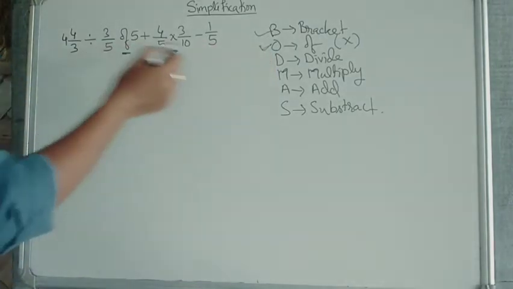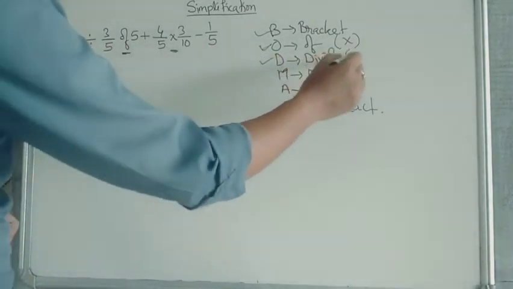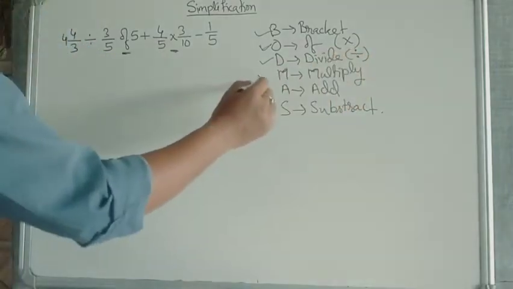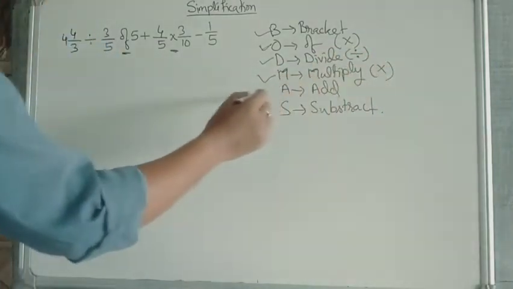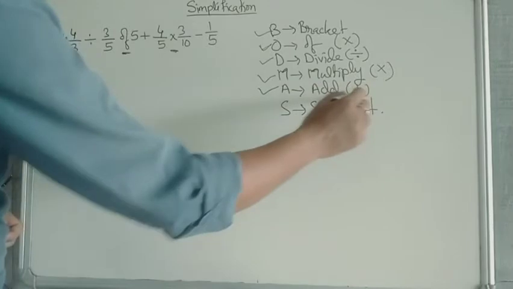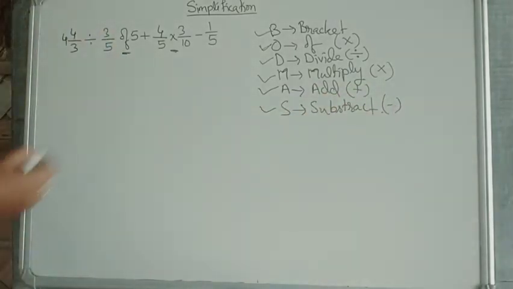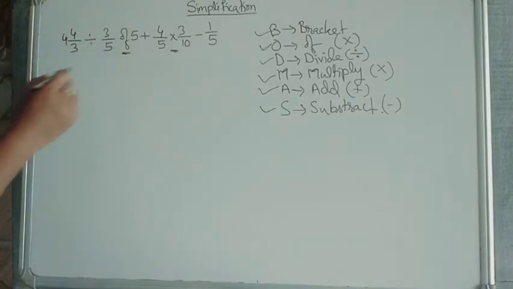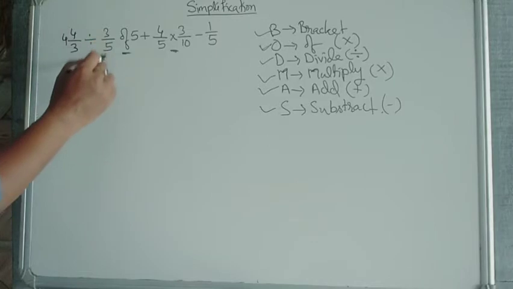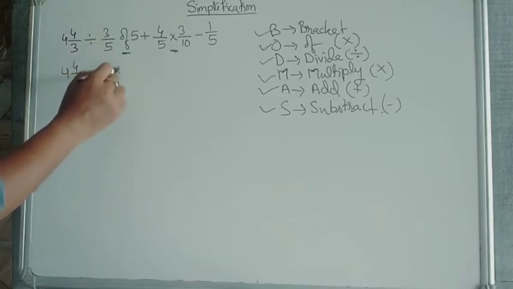Then after of we have to go for divide, then multiplication, then addition, and then last subtract. So now this of, what we will do, 4 by 3 divided by 3 by 5 into 5.